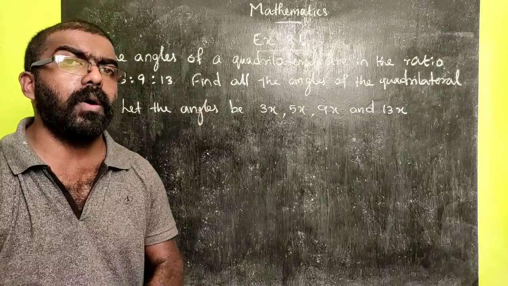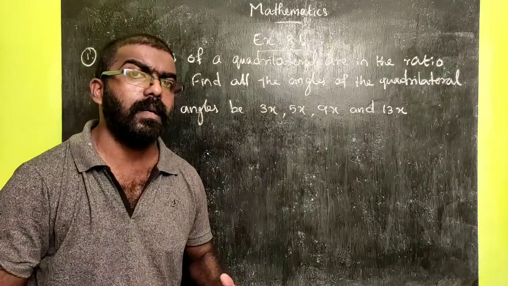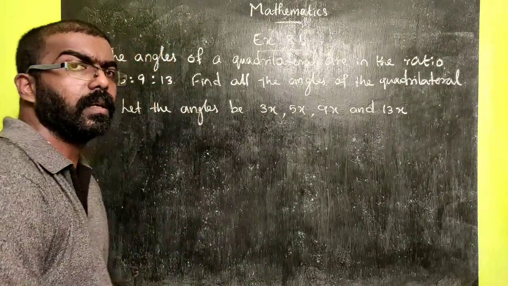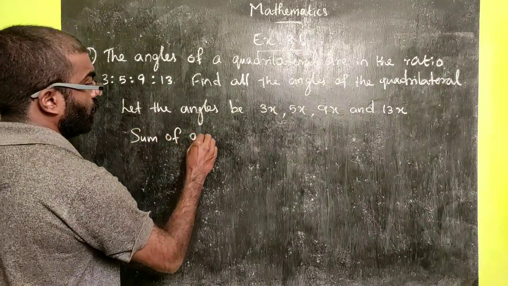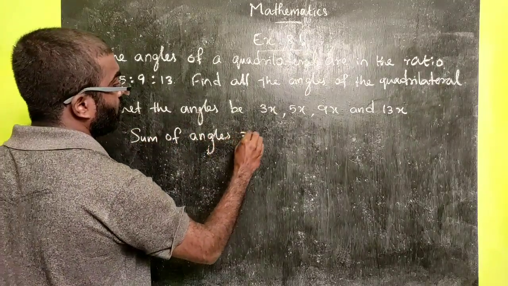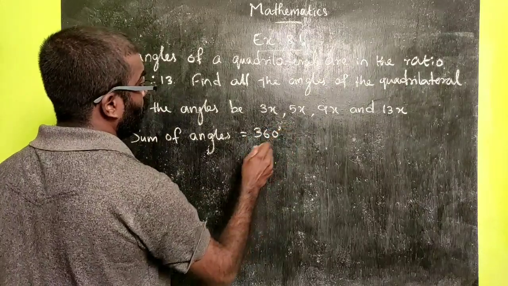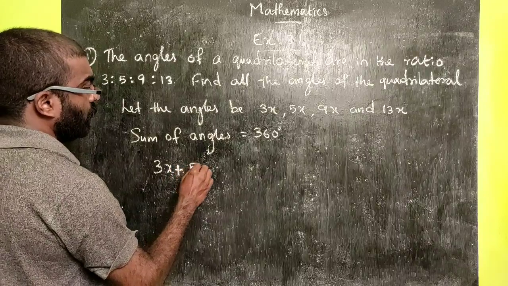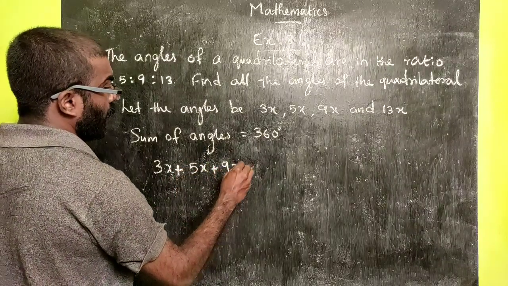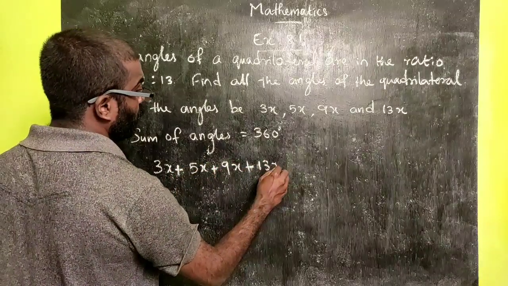And we know the sum of angles of a quadrilateral is how much? 360 degree, right? So sum of angles is equal to 360 degree. Here we can put the values. Here the angles are 3x, 5x, 9x and 13x.